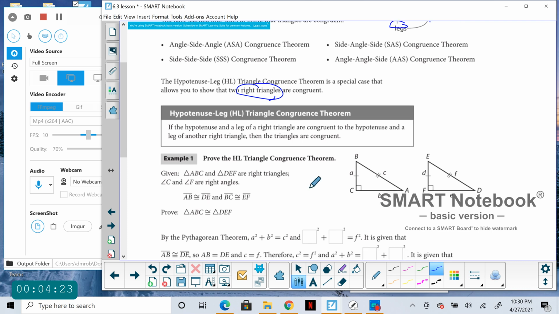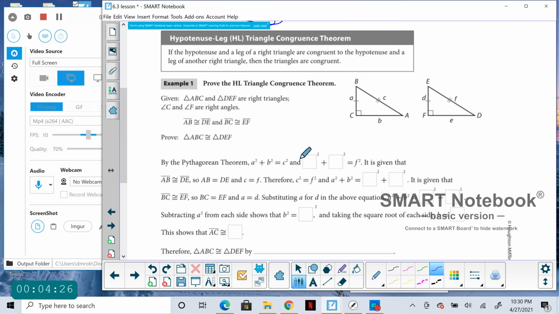So we can prove this using the Pythagorean theorem. Here we have triangle ABC and triangle DEF that are right triangles, and angle C and angle F are the right angles. We are told that AB is congruent to DE and BC is congruent to EF. In the Pythagorean theorem, A squared plus B squared equals C squared. So D squared plus E squared equals F squared.